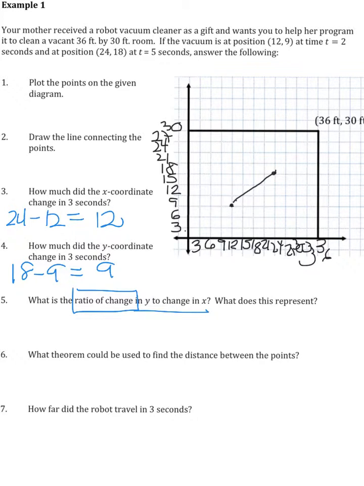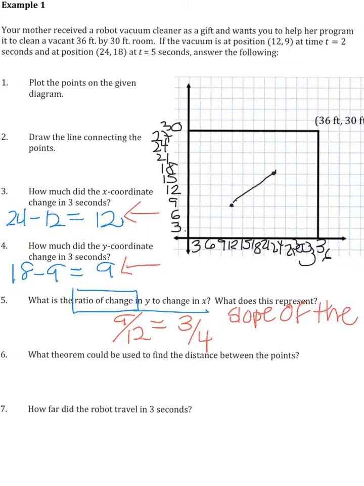And since I have the change in y already, I'm going to put that over the change in x, and I'm going to reduce. So we get 3/4. So what does this represent? It represents the slope of a line or the average rate of change, or the slope of the 2 points.